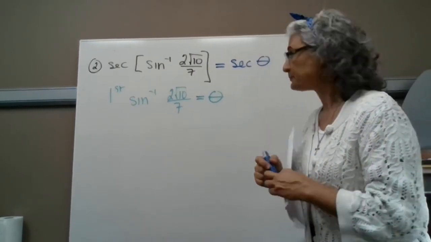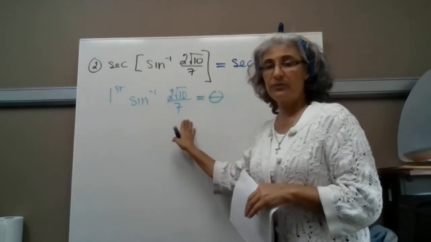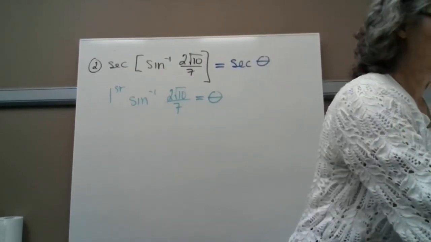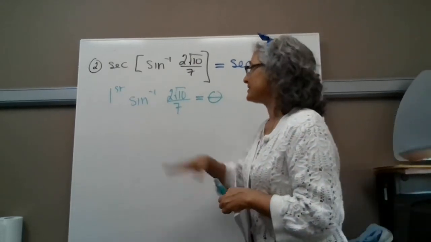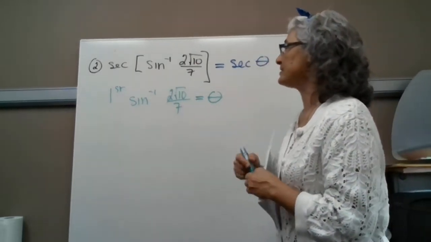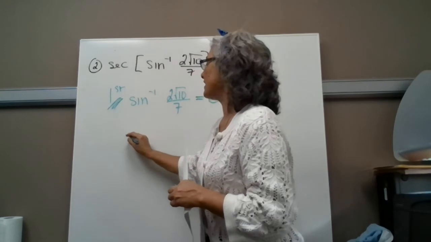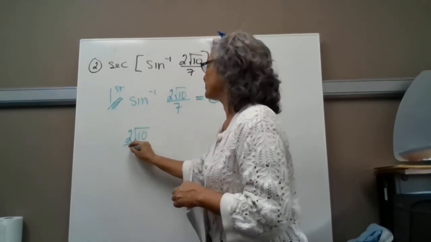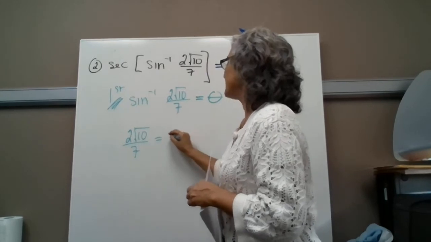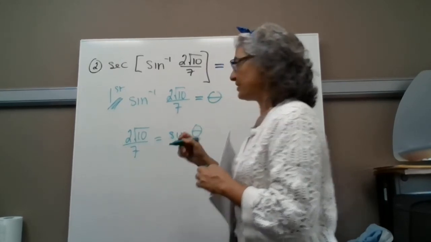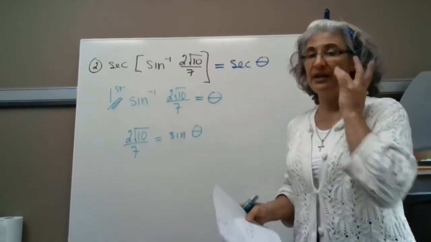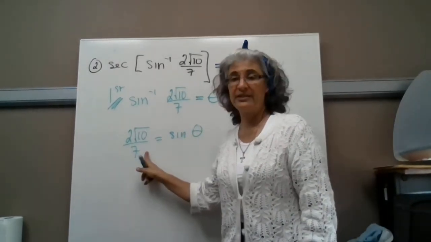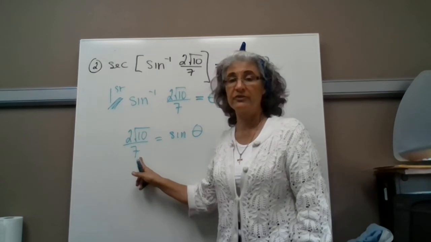Now, some of you are okay with working with it this way. Some of you are not. So for those of you who are not, remember, take the sine of both sides. And when you take the sine of both sides, you will end up with 2 square root of 10 over 7 equaling the sine of theta. Now, I clearly do not know what angle that when I take the sine of it's going to give me this wonderful little answer.